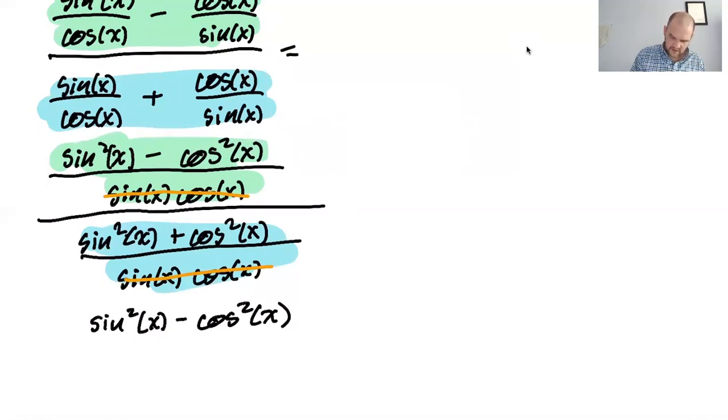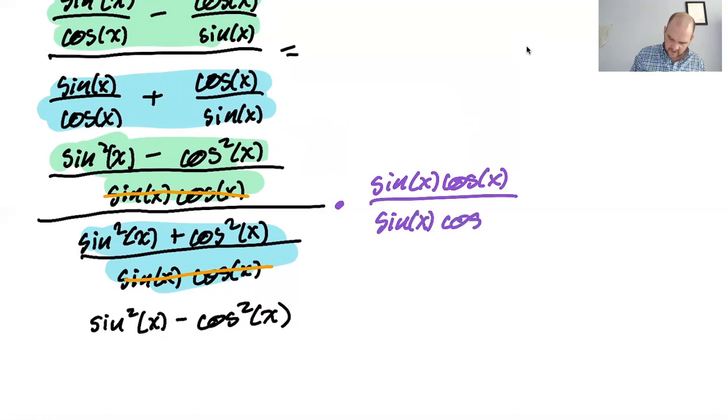I'm going to do it in a weird color because I shouldn't really be doing it. So you multiply this by sine cosine over sine cosine, all by way of saying get good at fractions. It's basically what I'm saying here. Once you have this, the one that's here in the numerator will cancel with this, the one that's here in the denominator will cancel with this, and you're gone. So all of that can take care of this for you.